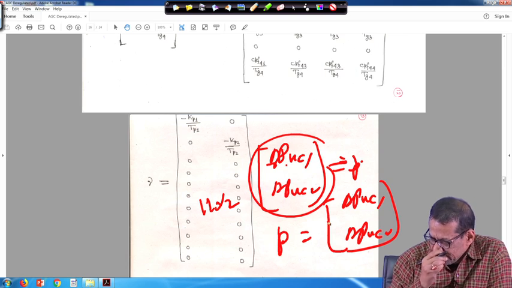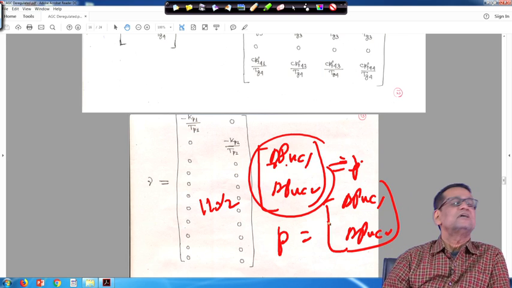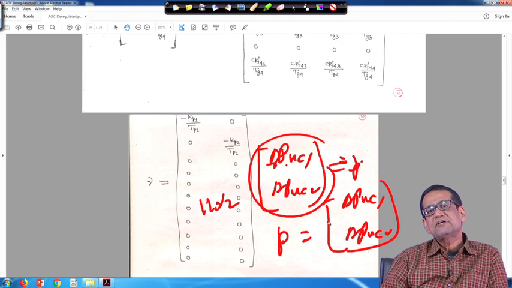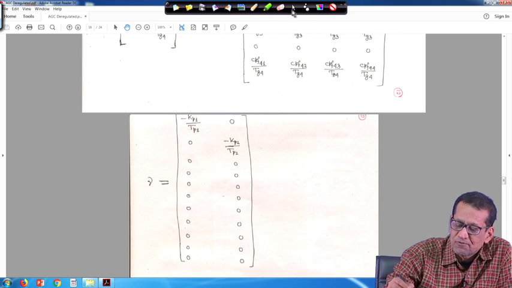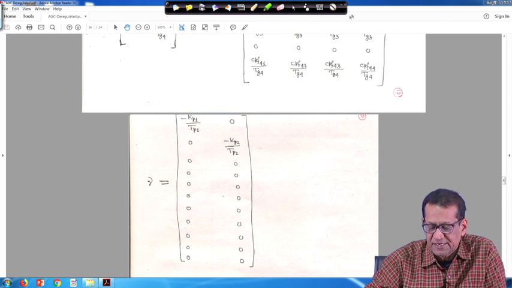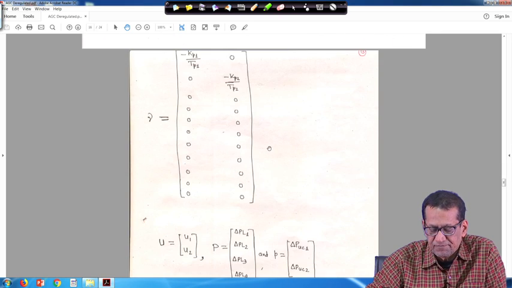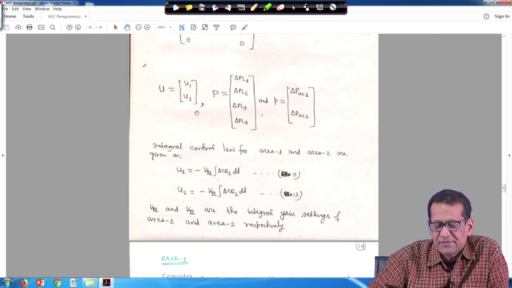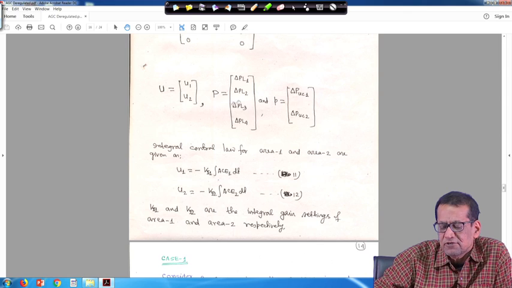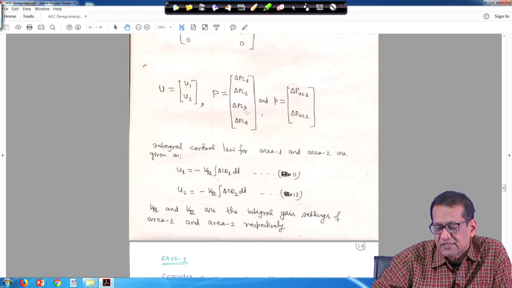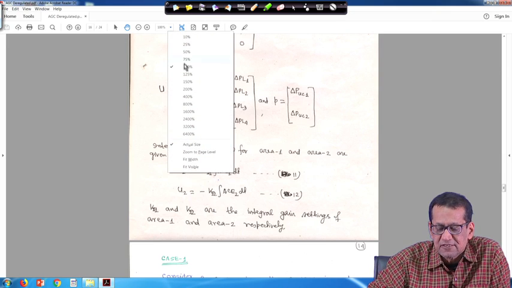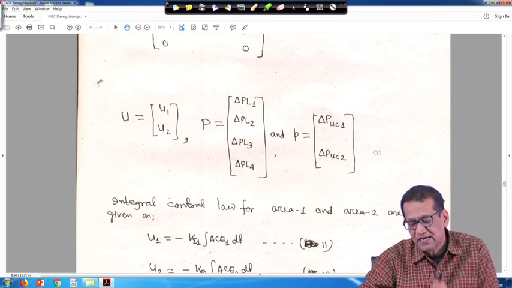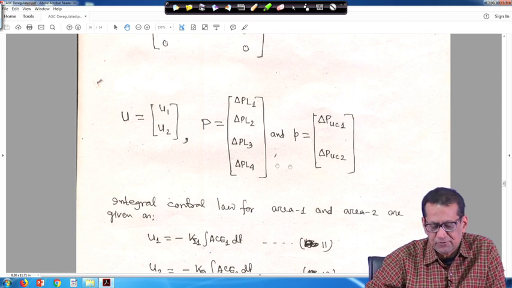So, this way you have to form all your state variable equations, x1 dot, x2 dot, like this, right. So, once you have got this, all these things I have defined here: u is equal to u1, u2; capital P is equal to delta PL1, delta PL2, delta PL3, delta PL4; and small p is equal to your delta PUC1, delta PUC2, right.